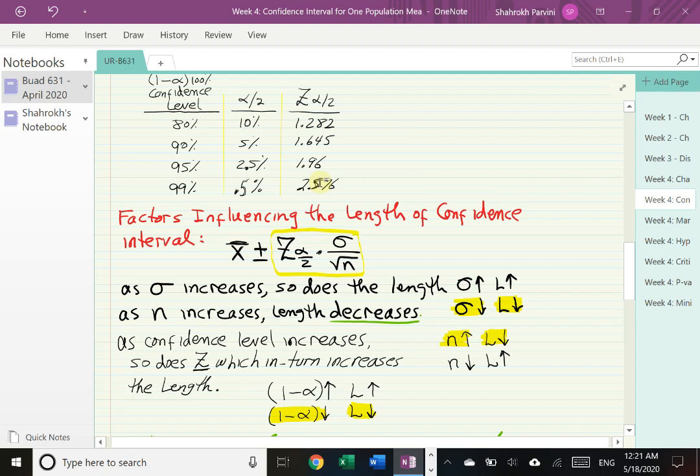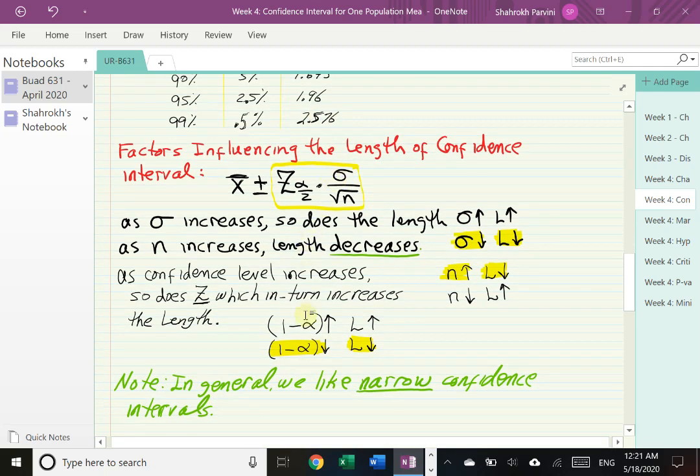So as the confidence level increases, so does the length of the confidence interval. And I have that here. As your confidence level decreases, so does the width of your confidence interval. The things I have in highlight are the corrective or remedial actions that will reduce the length of the confidence interval. They result in a narrower confidence interval.